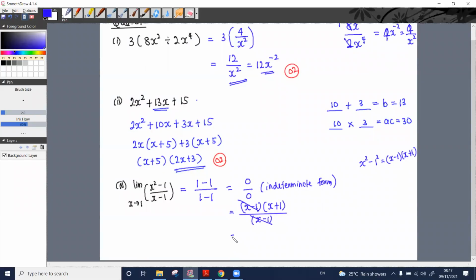Now instead of x, if we substitute 1, what should be the answer? That is 1 plus 1. So the final answer should be 2. If you have any doubts, please raise them. If you got the answer as 2 for part 3, then allocate 2 marks.